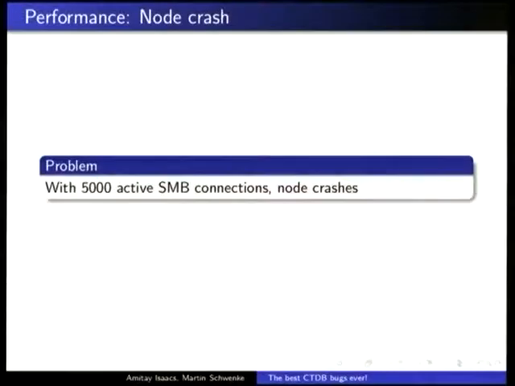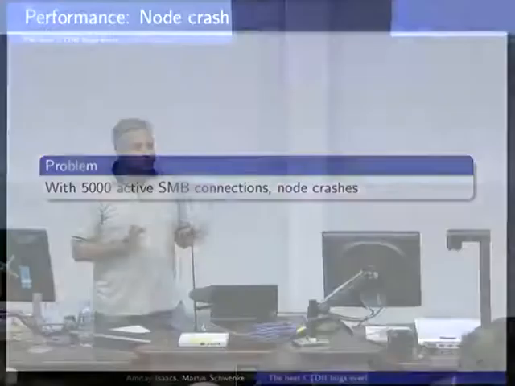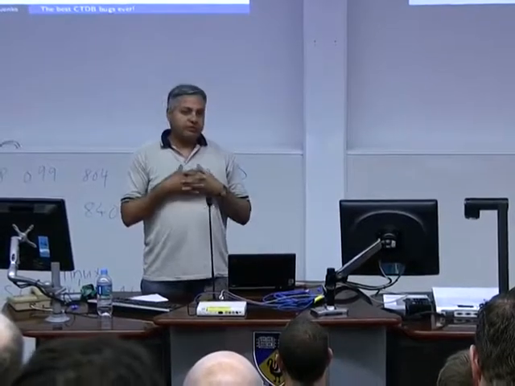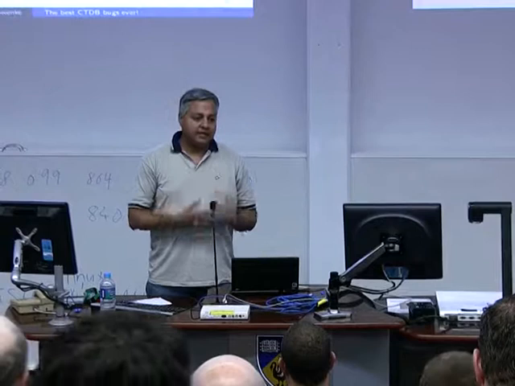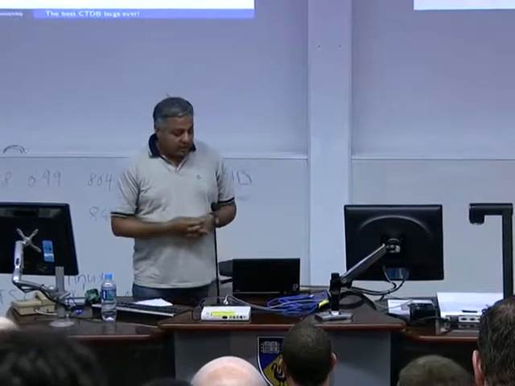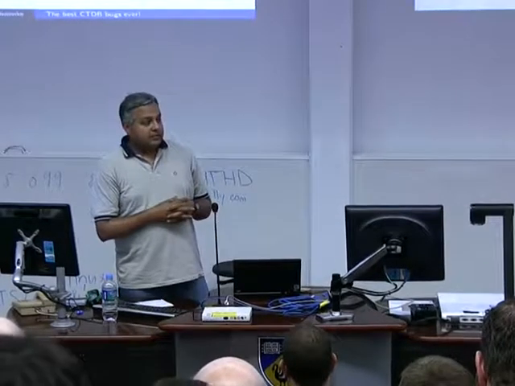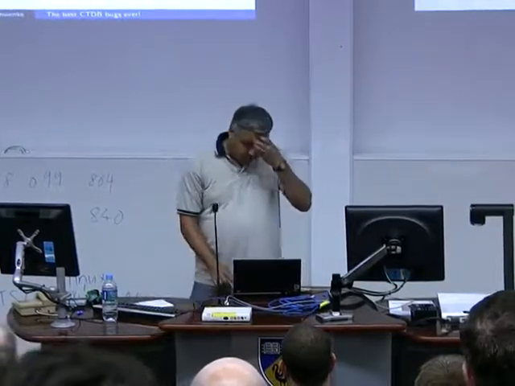So back to performance. Once we fixed some small issues like the one which you saw before, we really started stress testing the box with 5,000 active SMB connections. So what happened? As soon as it reached about 5,000, the node completely crashed. Okay, that's not good.